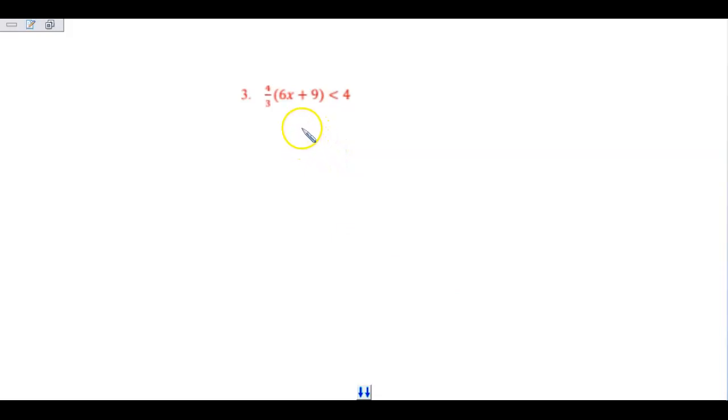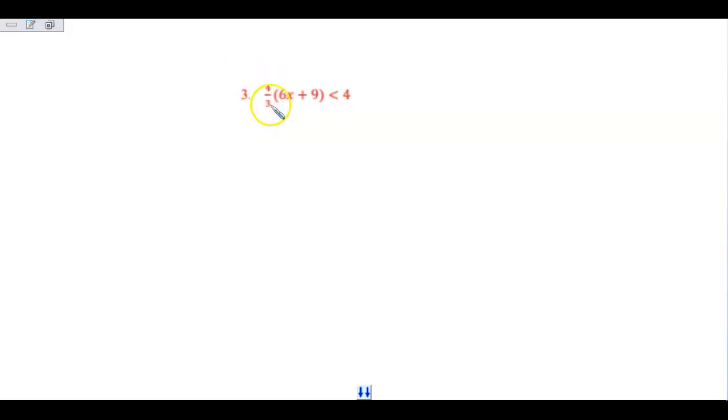Sometimes when we see them like this and we want to free up what's inside the parentheses, there's two things we could do. One, we could go ahead and distribute, and the other is to go ahead and get rid of this 4/3 first because it's kind of trapping this. I can't do anything with the 9 or the 6 until I move this. So remember, when we are working with fractions and we want to divide, it's really multiplying by its reciprocal.